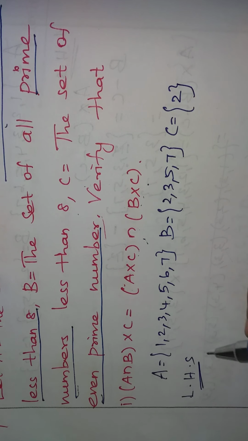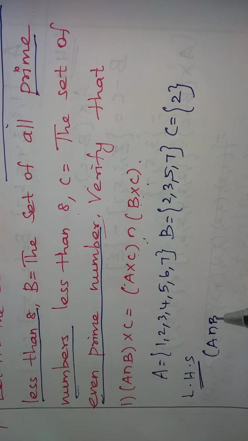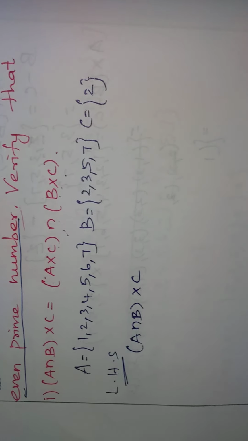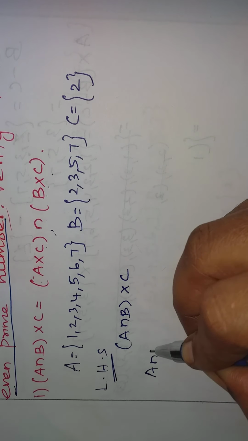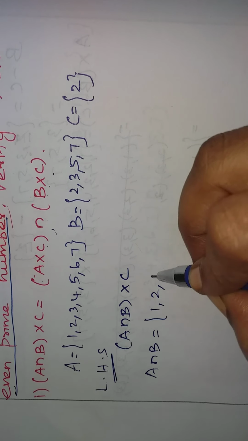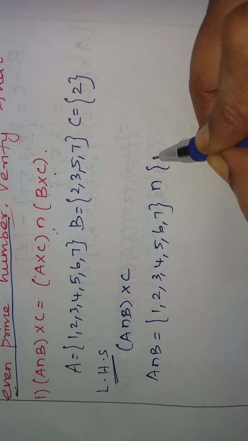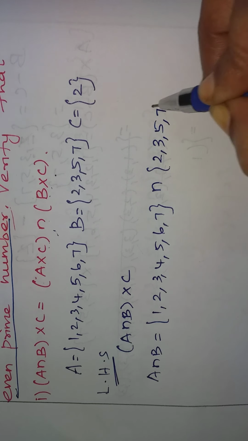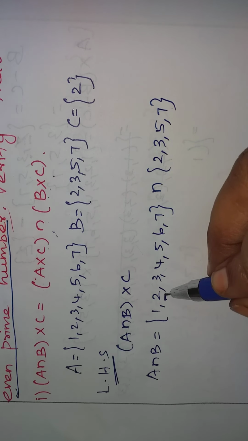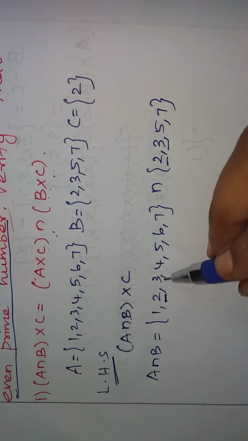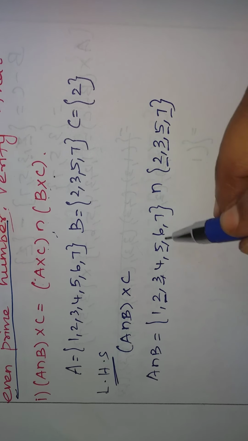What is our LHS? A intersection B cross C. Now A intersection B. A is 1, 2, 3, 4, 5, 6, 7, intersection B is 2, 3, 5, 7. What are the common elements here? 2, 3, 5, 7.